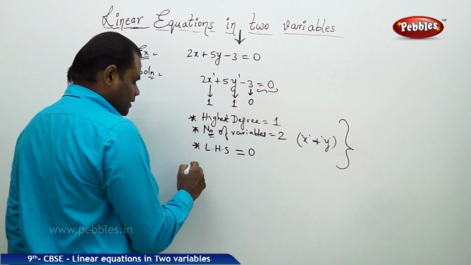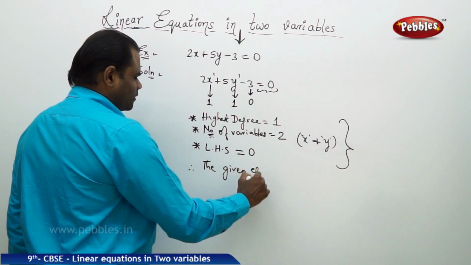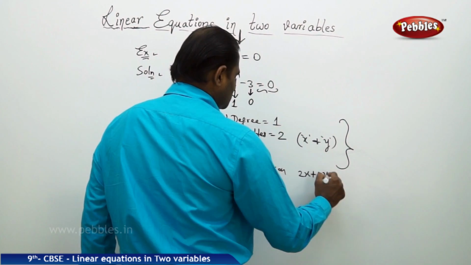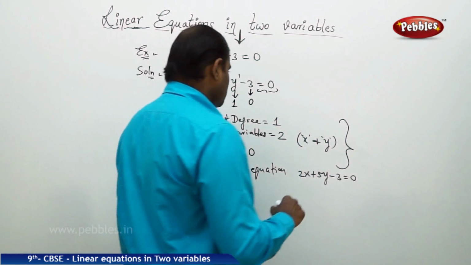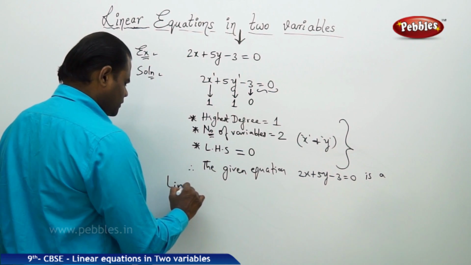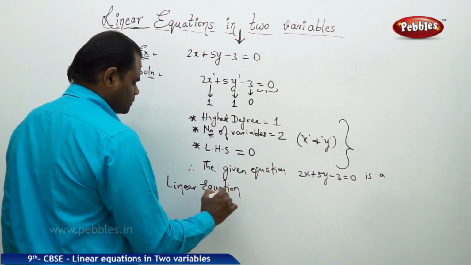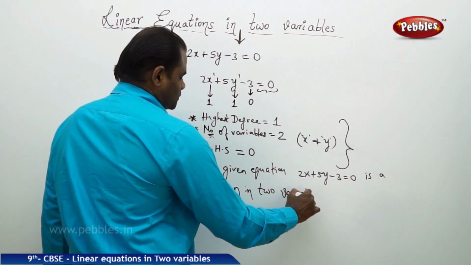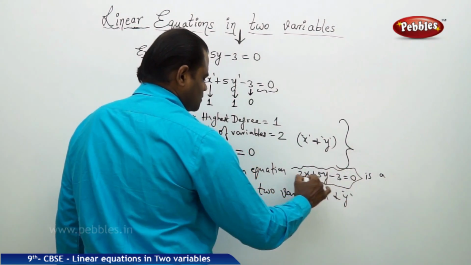If these three conditions are satisfied, then the given equation, 2x plus 5y minus 3 equal to 0, is a linear equation in two variables x and y.